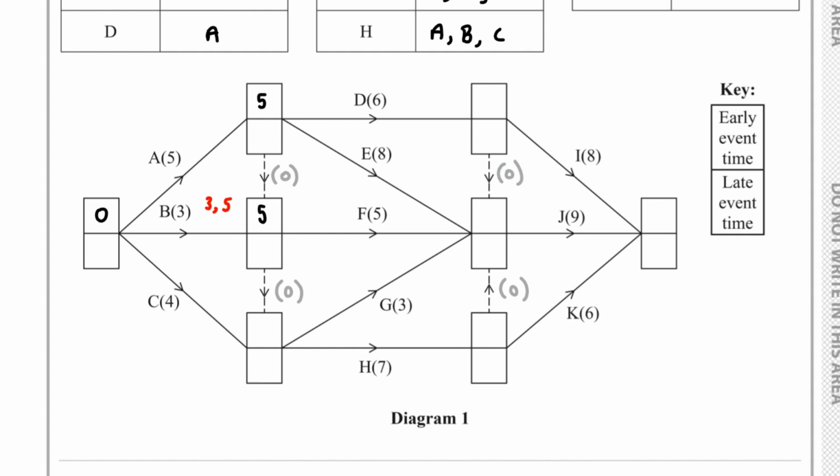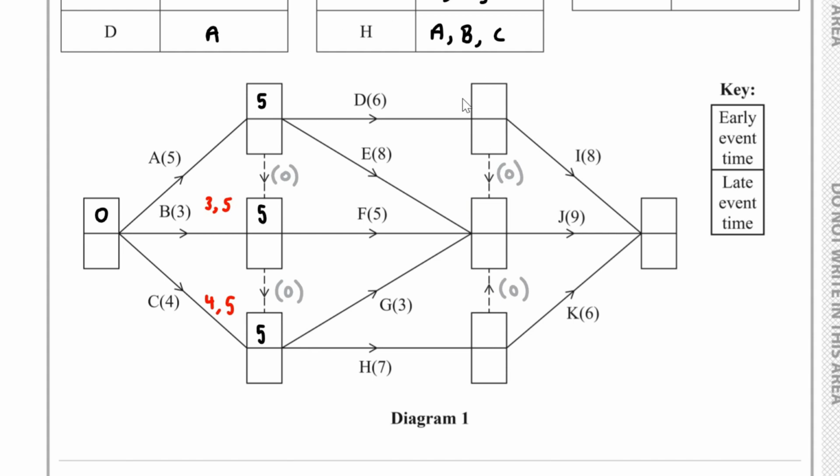Here, we could have the 0 plus the 4, which is 4. Or we could have the 5 plus the 0, which is 5. The larger one, that's 5. So we write down the 5 over here. Let's consider this. 5 plus 6, that's 11.